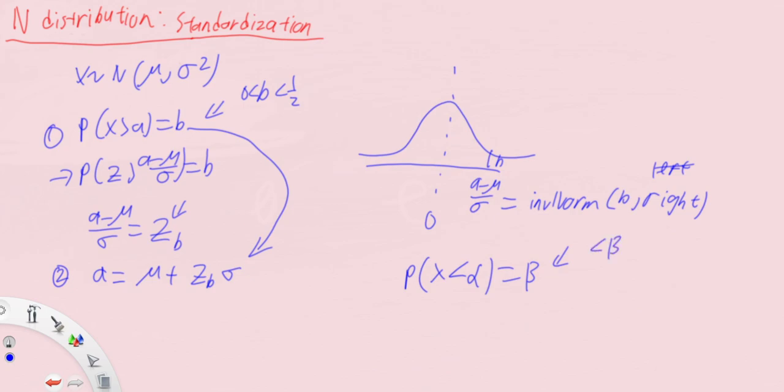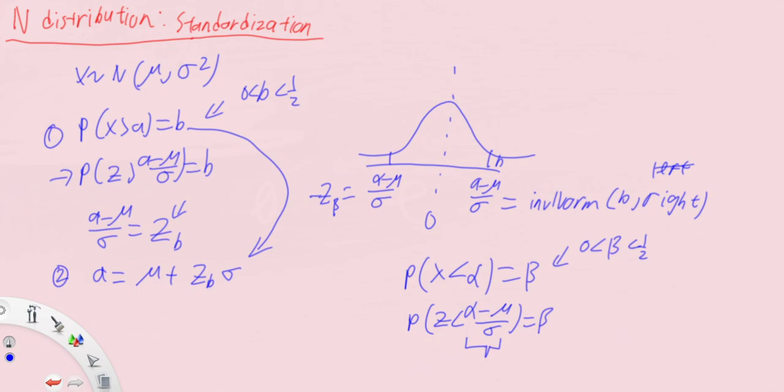Likewise, if we have P(x < alpha) for probability of beta, where again beta is between 0 and half, we now know that after standardization the value of alpha will lie to the left of the mean. And this equals, well, negative, because the mean is at 0, and the value to the left would then be negative, hence negative z_beta.